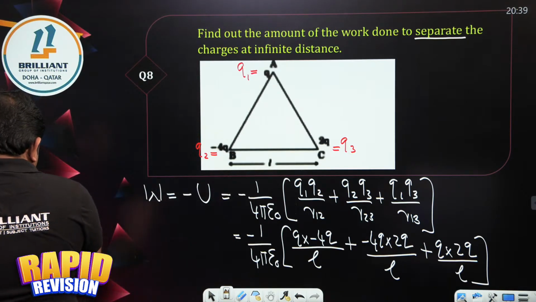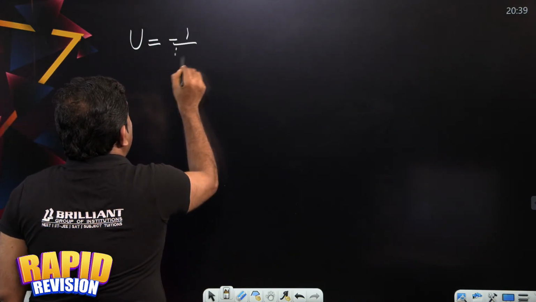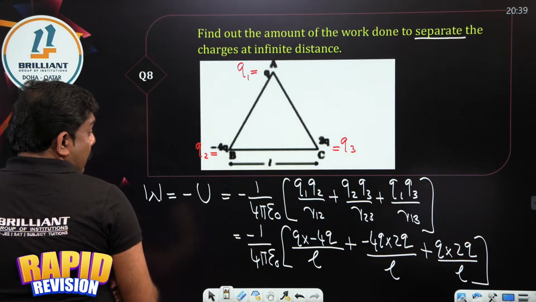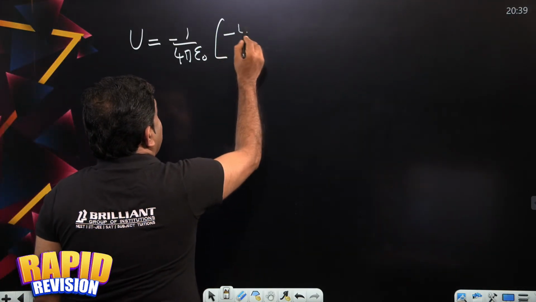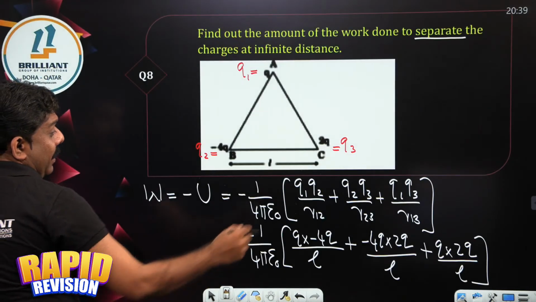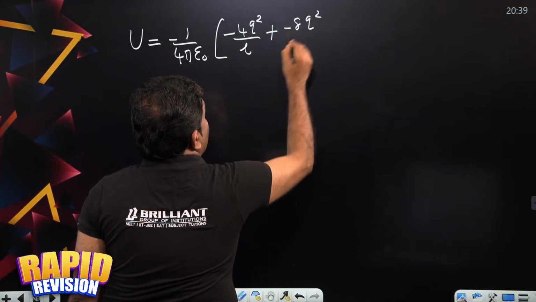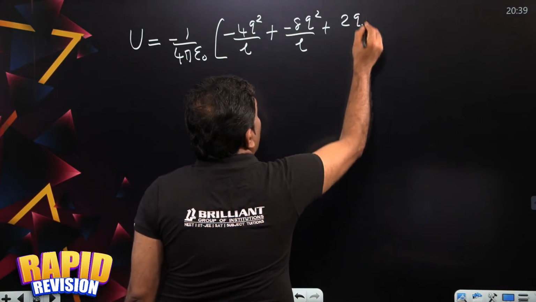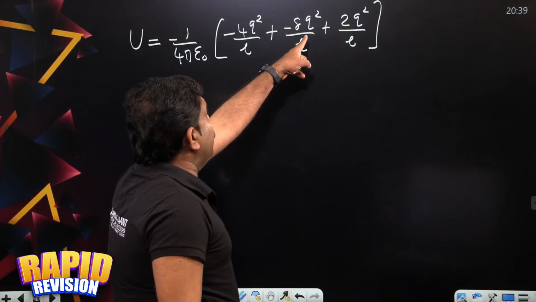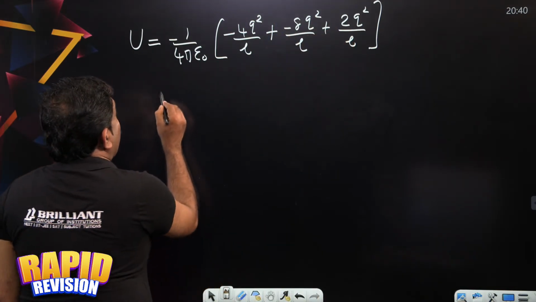So I'm writing that value now correctly. Please see, that is the work done, or U is equal to minus 1 by 4 pi epsilon 0 into, first one, minus 4Q square by L, plus minus 4Q square by L, and here minus 8Q square by L, plus 2Q square by L. Minus 4Q square, minus 8Q square is minus 12Q square, plus 2Q square, minus 10Q square is coming.